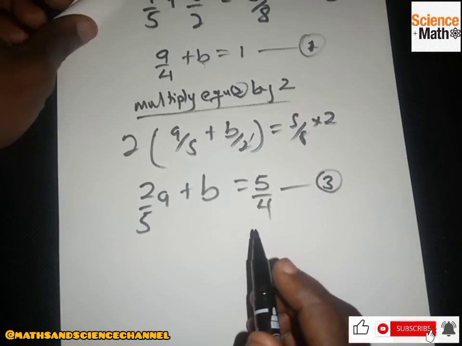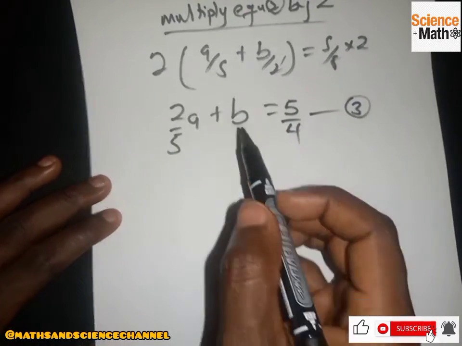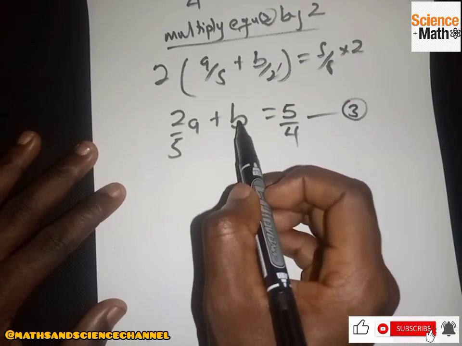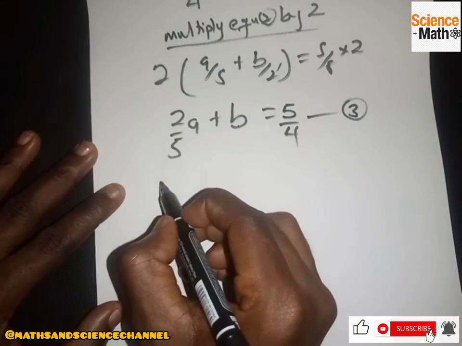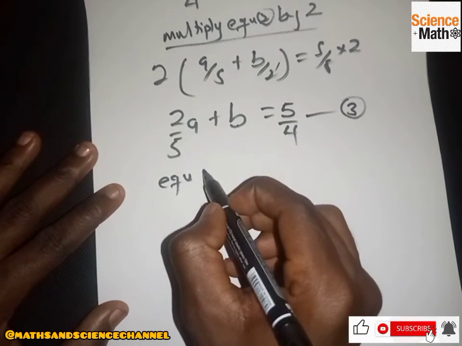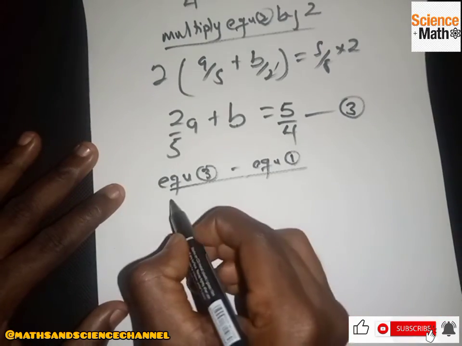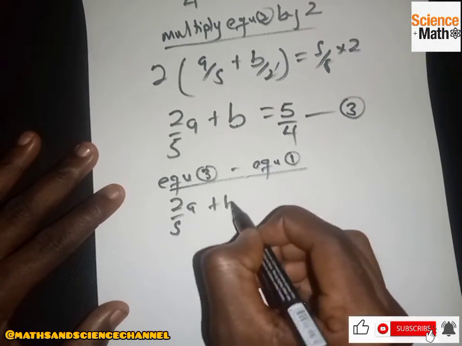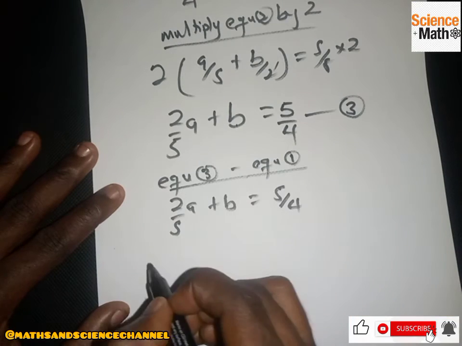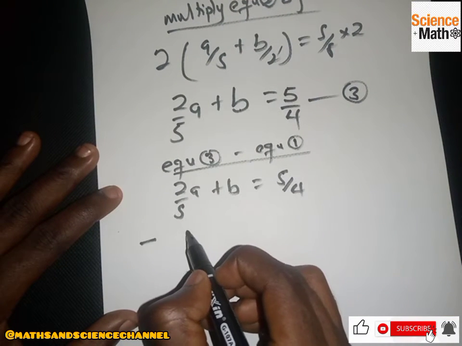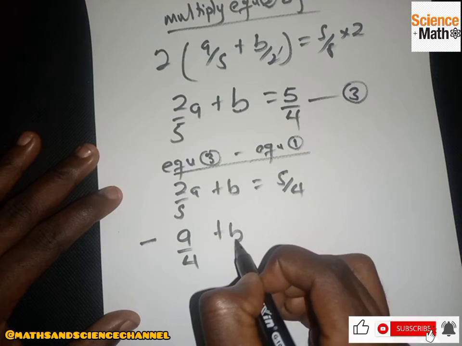So to find a, what we have to do is to subtract. Subtract this and that. So let's say equation 3 minus equation 1. So we have 2 over 5 a plus b being equal to 5 over 4, minus a over 4 plus b being equal to 1.